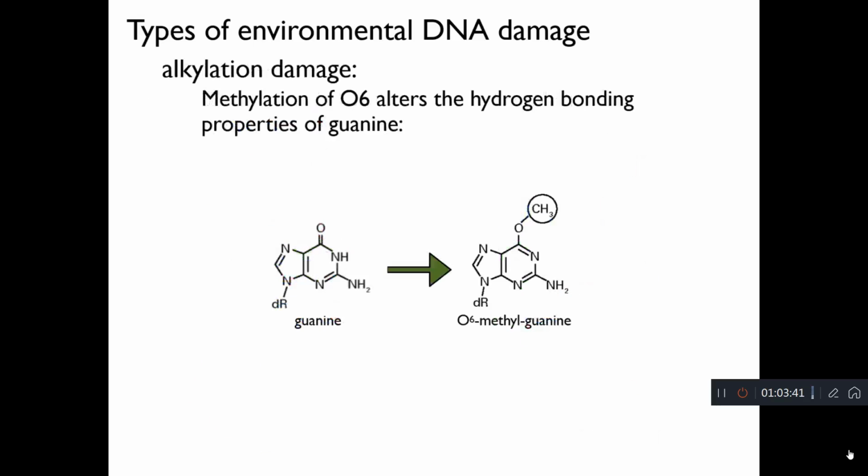The final form of damage I'm going to talk about is alkylation damage. So alkylating agents are among some of the most potent environmental carcinogens.